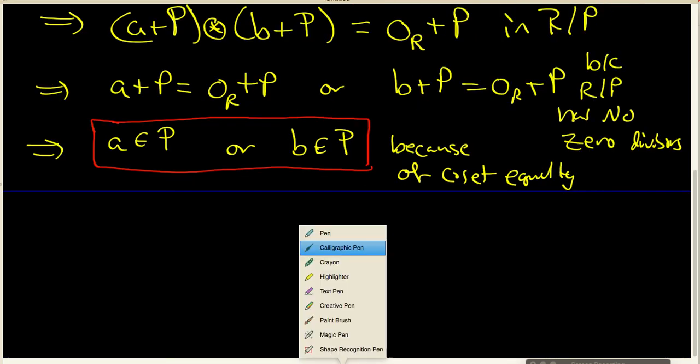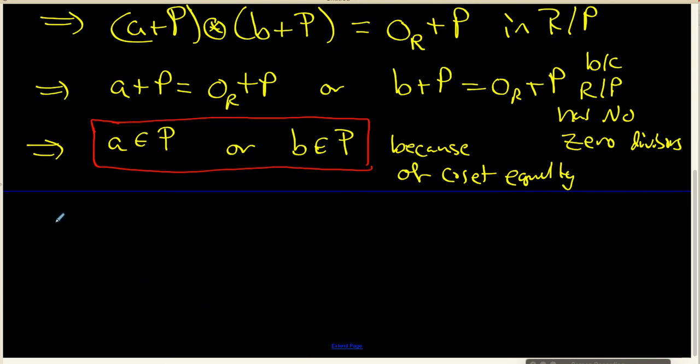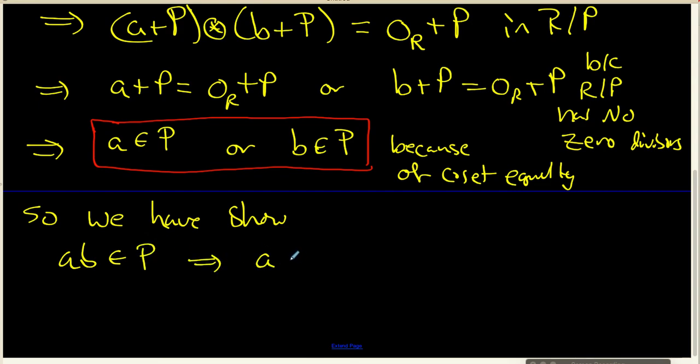So what we can say is that we have shown that AB inside P will indeed imply that A is inside P or that B is inside P. And that completes the proof of our theorem.